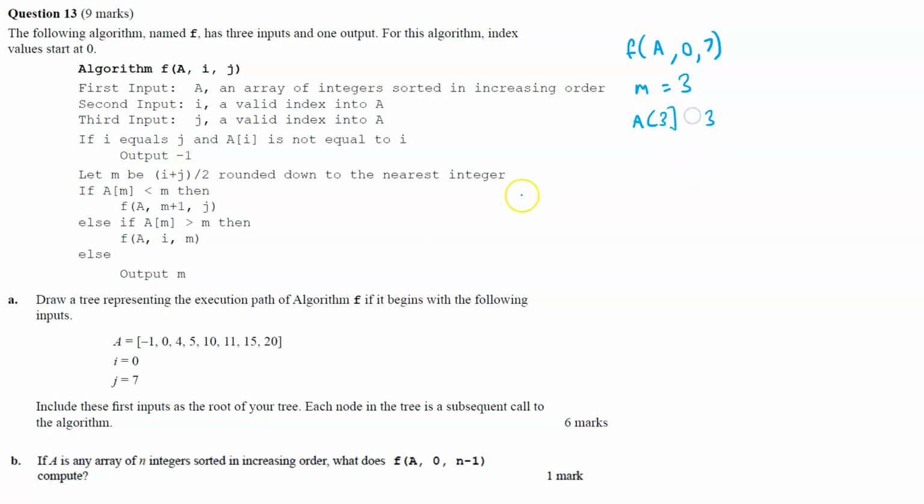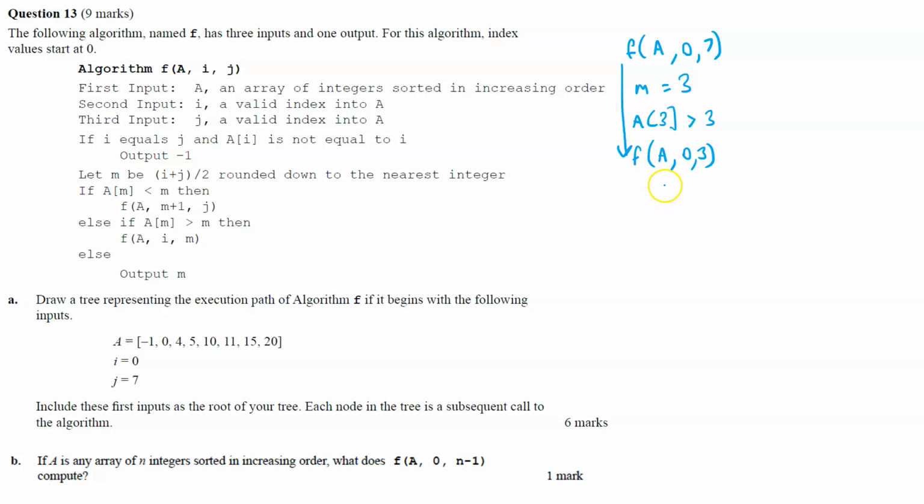We ask, is A of 3, which is 4, 0, 1, 2, 3, no, sorry, it's 5, same thing, which is greater than m. So now we're going to run f on the array. I stays as it was, so that was 0, and then m was 3. So that's our first execution call.